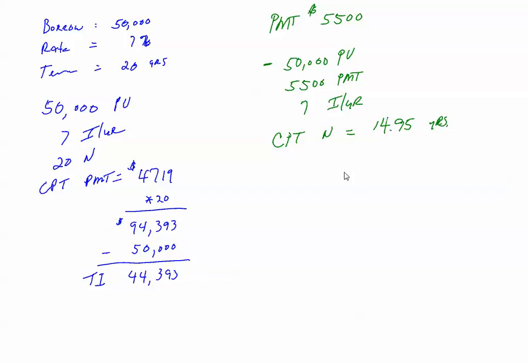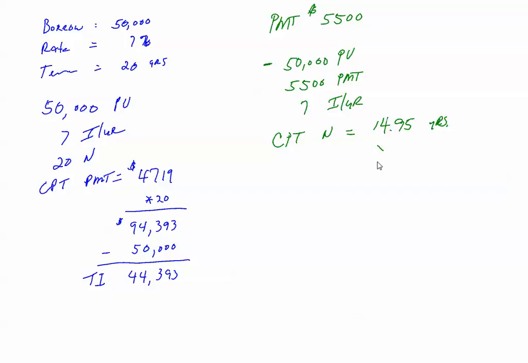Now here's where this will be interesting. If the loan is now going to pay off in 14.95 years, and because you paid more every year and the principal reduced faster, you're going to pay a lot less interest. So you're going to make a payment of $5,500, but now you're going to make it 14.95 times.